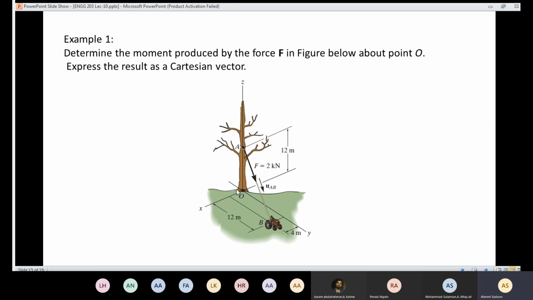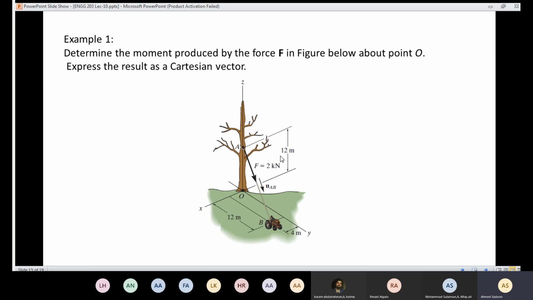And the point O is going to be the point of rotation through which the tree is going to rotate. And the question is, we need to calculate the moment produced by that force. That force is going, of course, to produce a moment. We need to know that moment about the point O. Not only that, but they also want us to express that moment as a Cartesian vector.